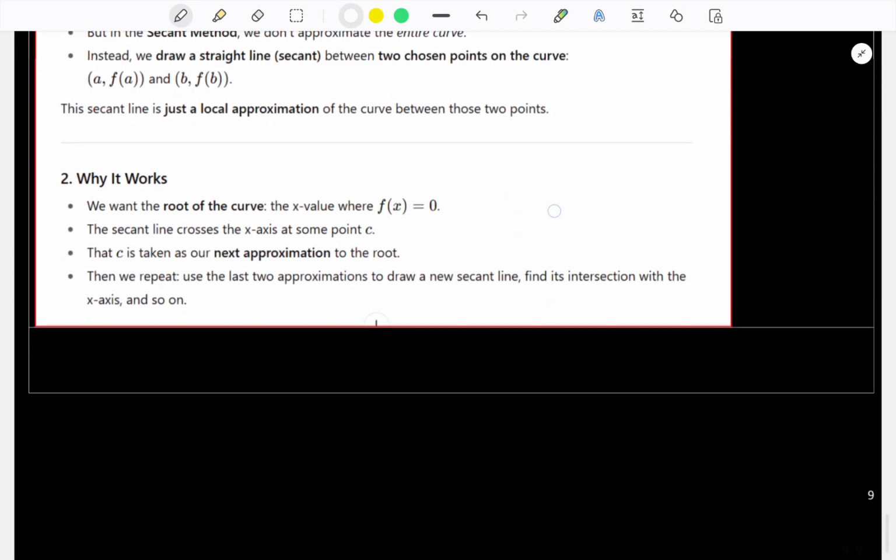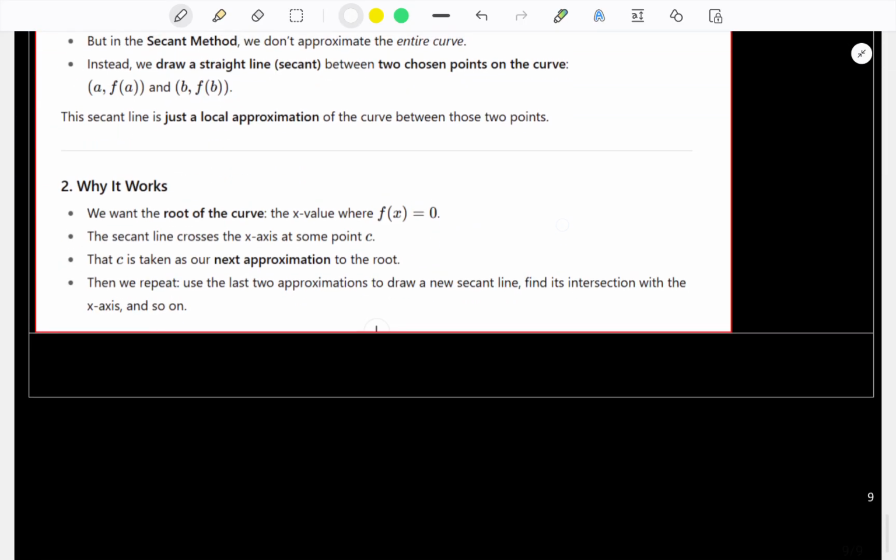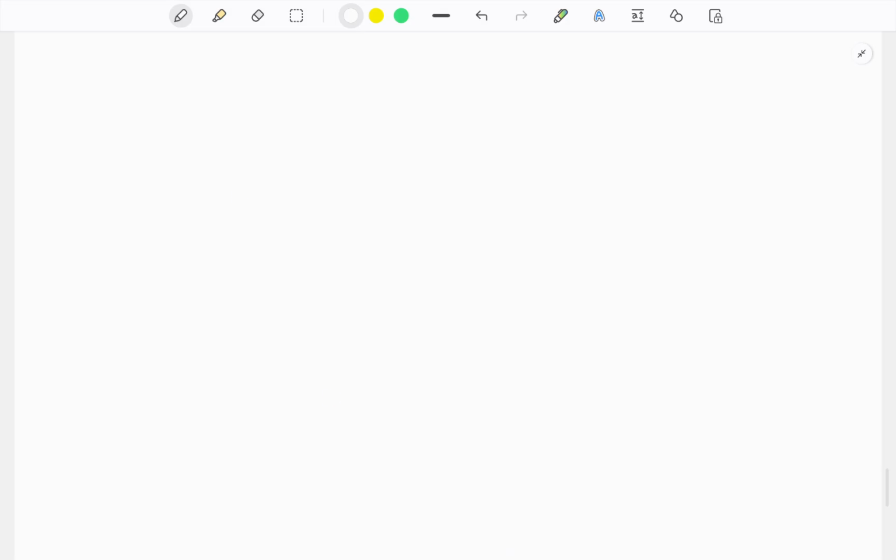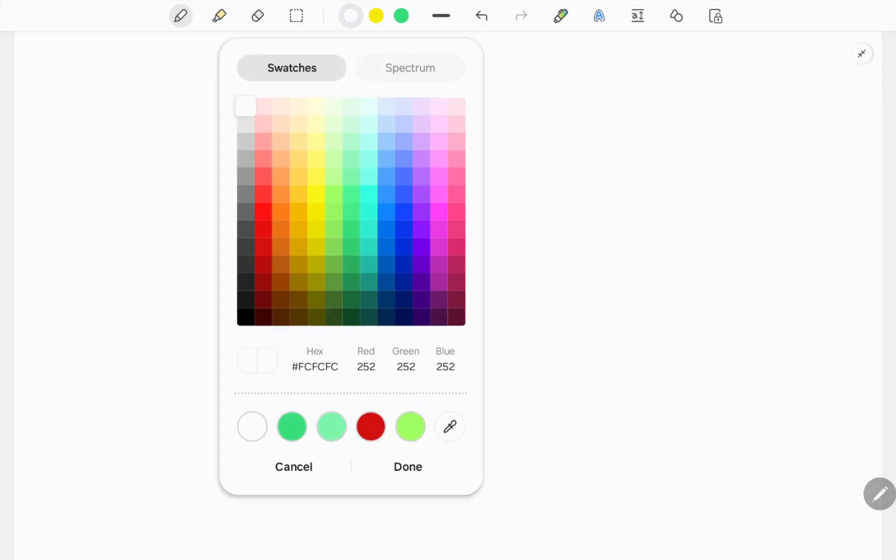Now I am going to start the table, right? When I start the table, let me change the color. We're going to state A and then B and then C, then f of C, right? So what's your A value? 0. What's your B value? Pi by 2. Pi by 2, I told you, calculator, you just converted 1.5708.